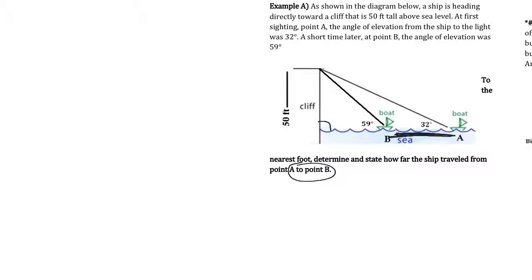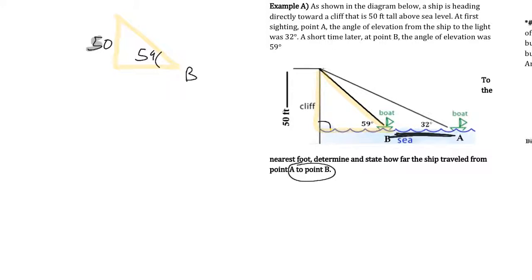So my first right triangle is from boat B to the cliff, and that is 59 degrees. So I have the cliff is 50 feet high. The angle of elevation is 59.